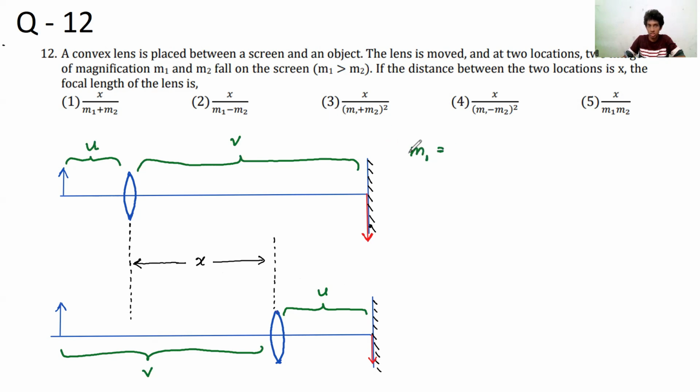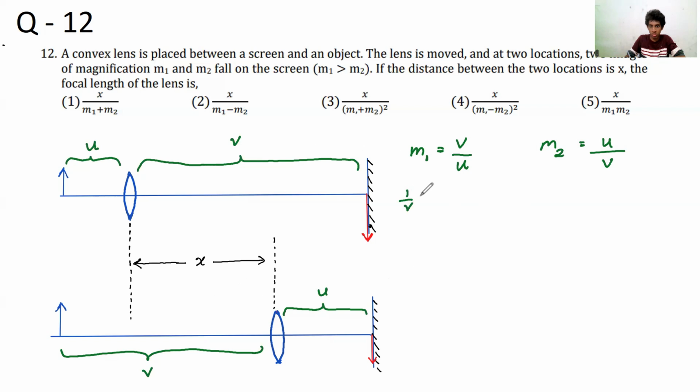So m1 is the image distance divided by object distance. So as m1 is greater than m2, here the image distance should be greater than the object distance. So that will be v over u, and m2 will be equal to the image distance is u and the object distance is v.